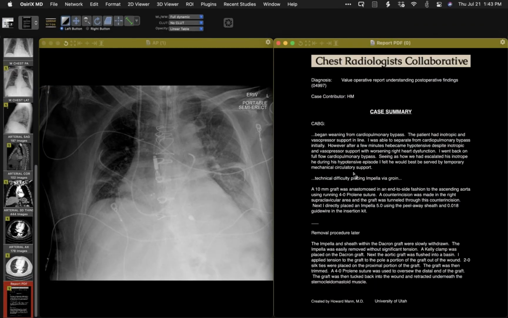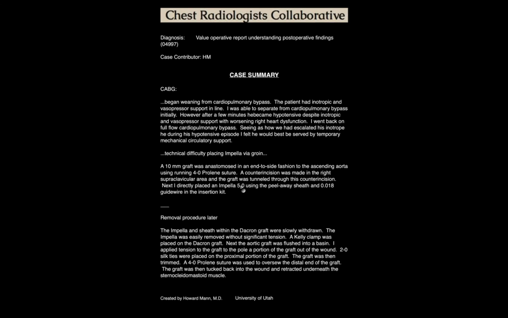So here you'll see that at the time of an operation, the patient began to wean from cardiopulmonary bypass, couldn't come off. They tried to get an assist device via a percutaneous approach, but were unable to do so peripherally, as you can see here. So they took a 10 millimeter graft and anastomosed it to the ascending aorta and passed the impeller device through that.